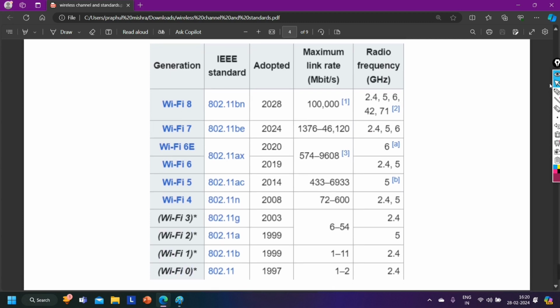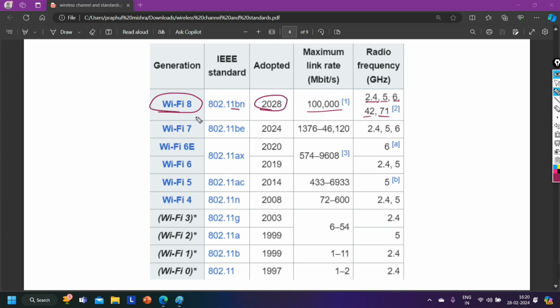Now guys, here there are some more standards, like you can see 8, right? So this is for 2028, and the maximum speed is this one, and it is going to operate on 2.4 gigahertz as well as 5 gigahertz, 6 gigahertz, 42 gigahertz as well as 71 gigahertz, right? And this standard is known as Wi-Fi 8 also.